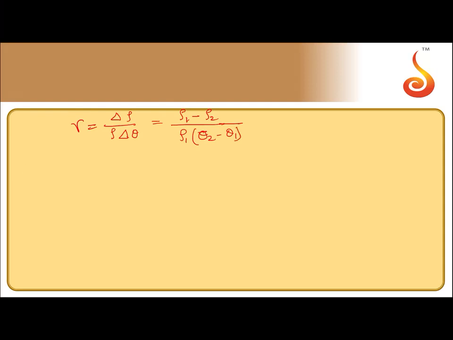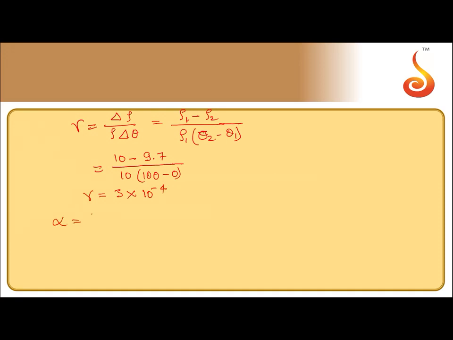This will give you gamma. So, substitute it: 10 minus 9.7 divided by 10 into change in temperature is 100 minus 0. So, that will give you 3 into 10 to the power minus 4. This is the value of gamma.